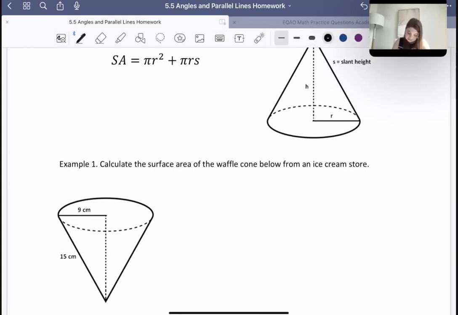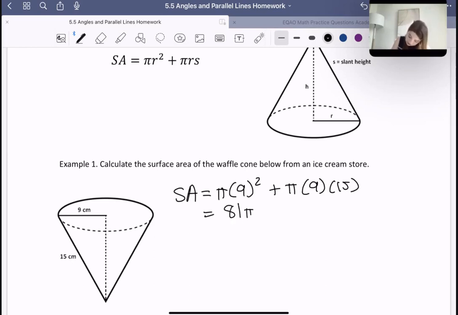So here it says that we have 9 as our radius and 15 as our slant height. So surface area in this case will be pi times 9 squared plus pi r s. And now let's solve. This is going to be 81 pi plus, what's 9 times 15? I think maybe 105? No, 135.